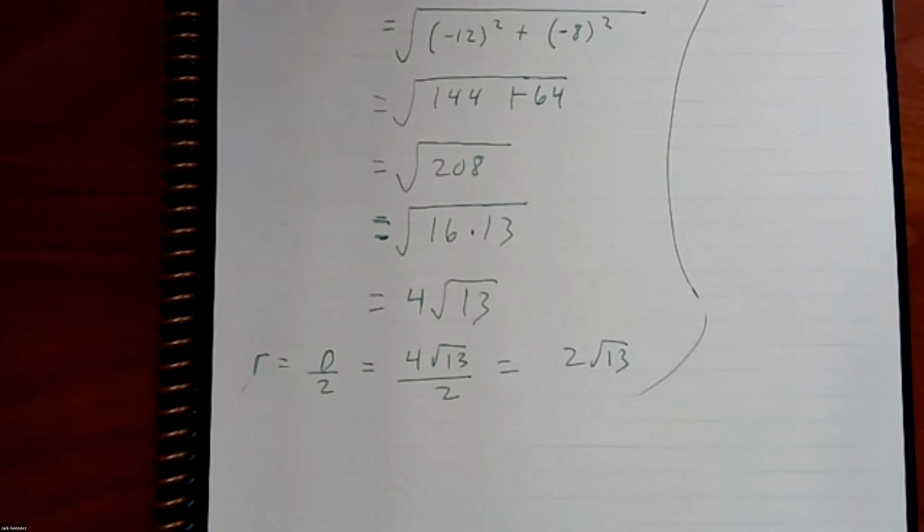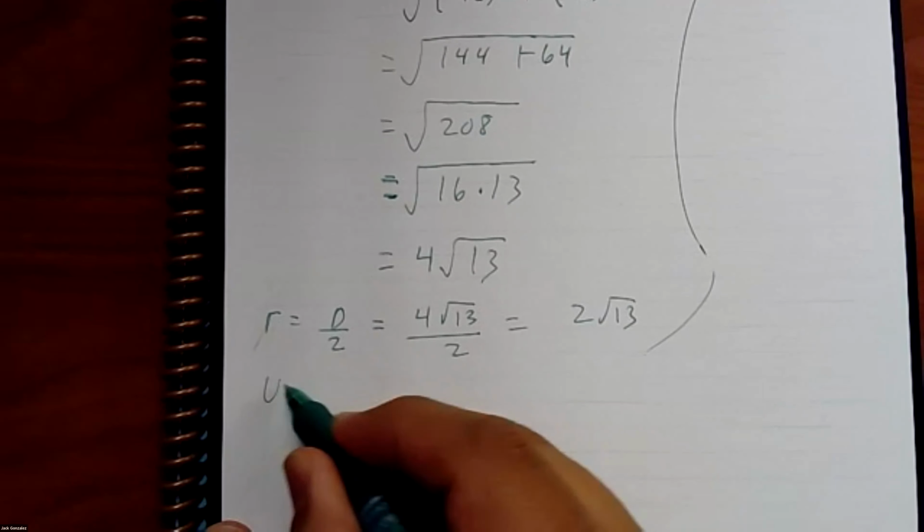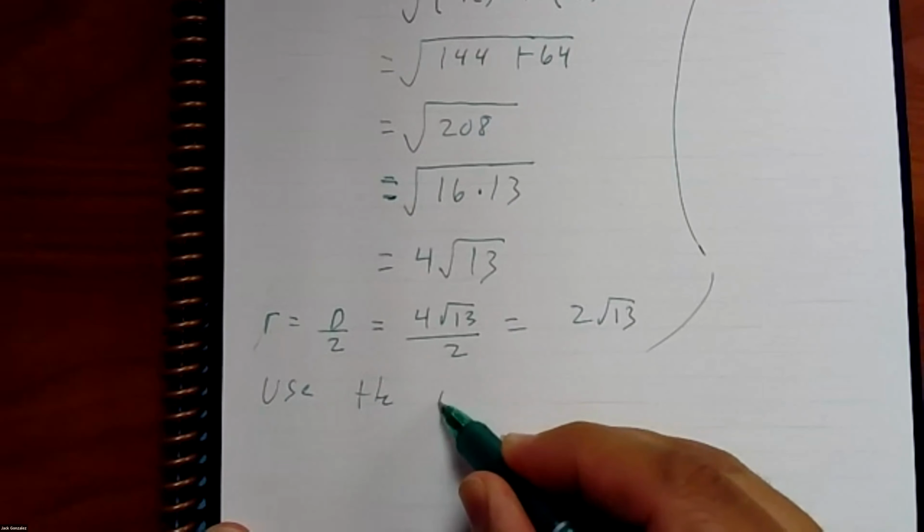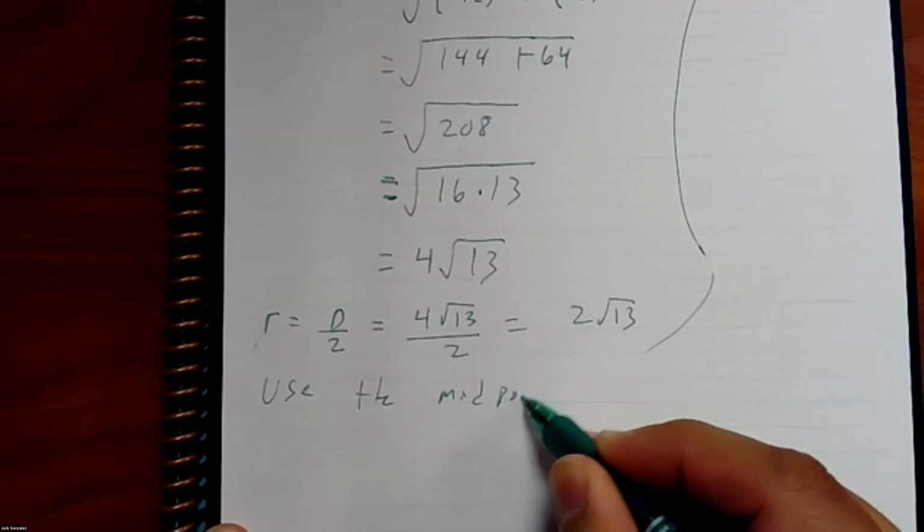The center has to be right in the middle. So the center would be found using the midpoint formula, because that gives you the one in the middle, right? Does that make sense? So use the midpoint formula.